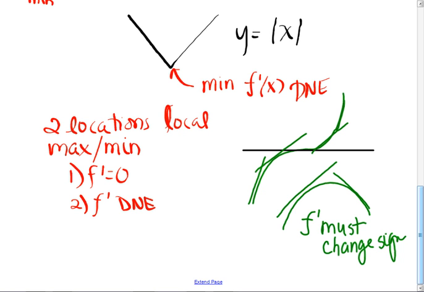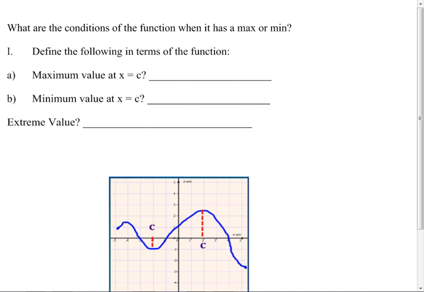Let's go on to the next page. Now, in terms of my function, if I have a maximum value at C, then all it's saying is that the y value at C has to be greater than all the other y values.